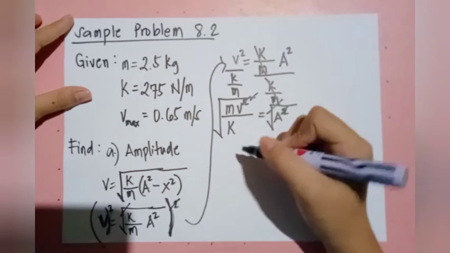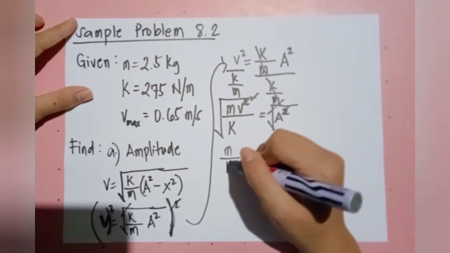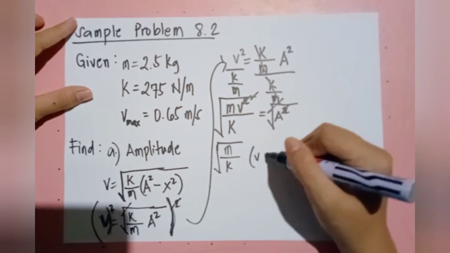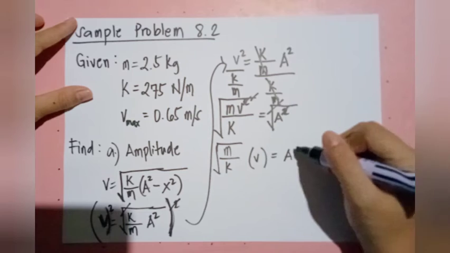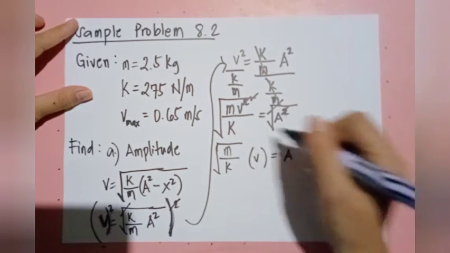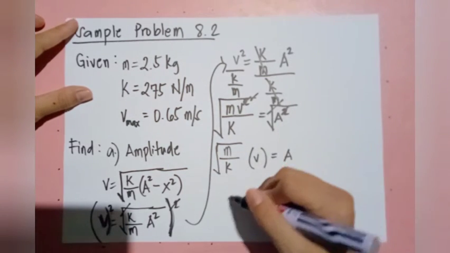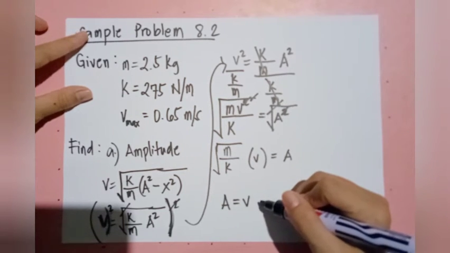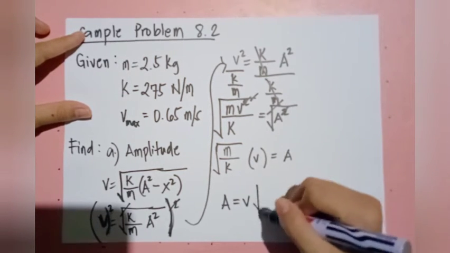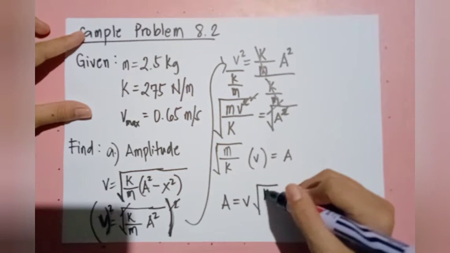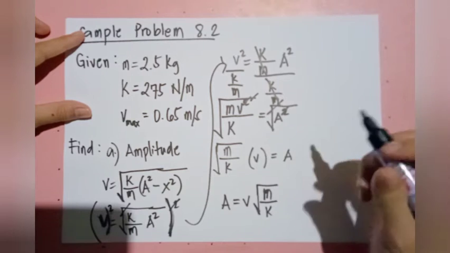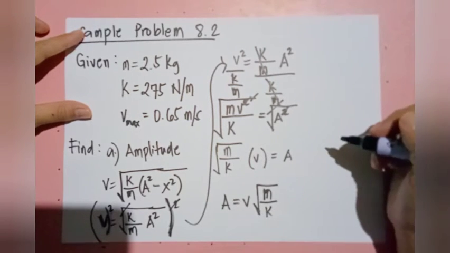So we have square root of m over k times v equals a. Or we can rewrite this equation into a equals v times square root of m over k, just like the one in the book.